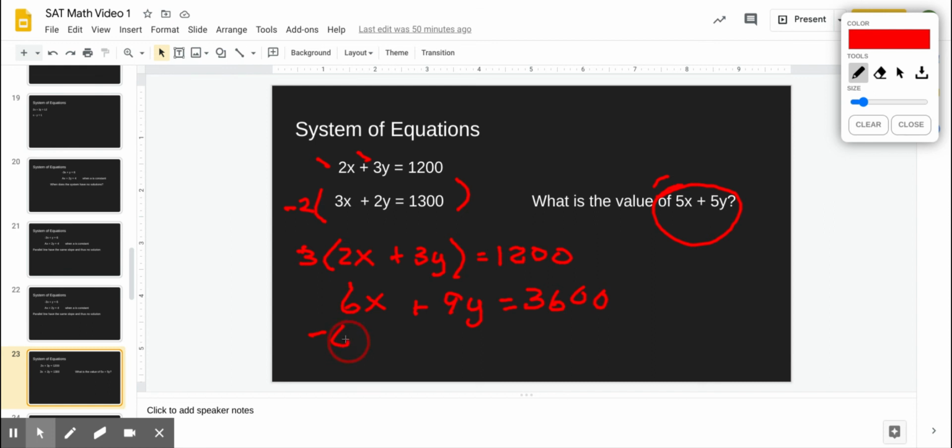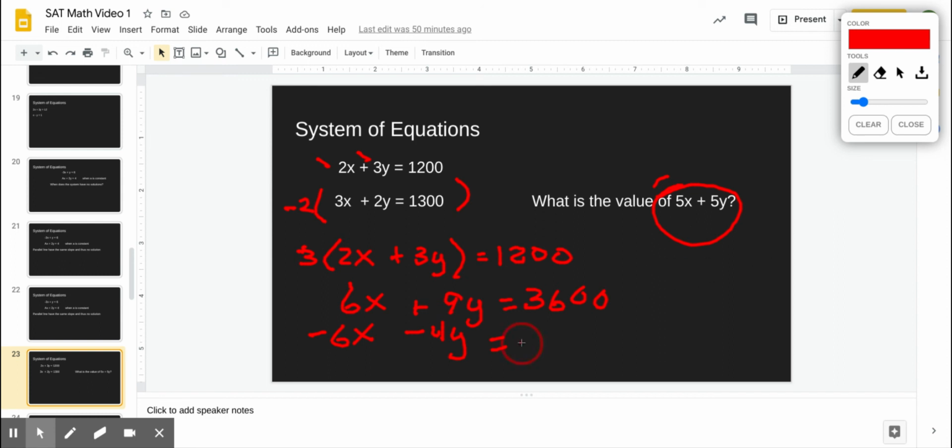So that'll give me negative 6x, and you can see we can eliminate the x right away. And then it'll be negative 2 times 2. That'll give us a negative 4y. And always double check when you don't have a calculator. You want to make sure that you're doing this correctly in your head. And negative 2 times 1300 is going to give us a negative 2600.